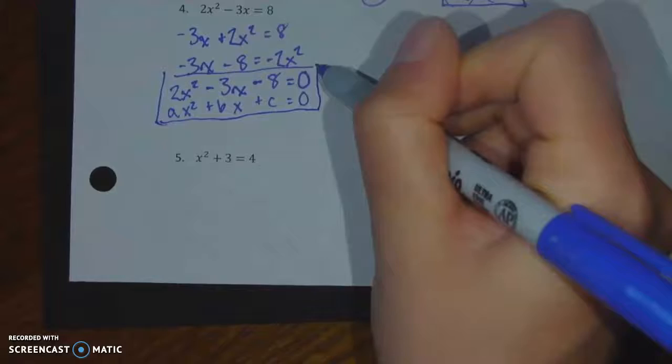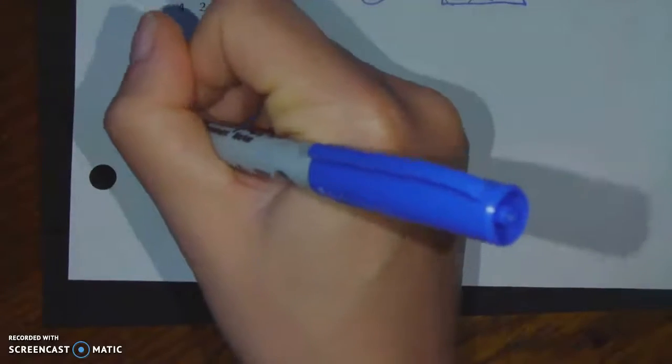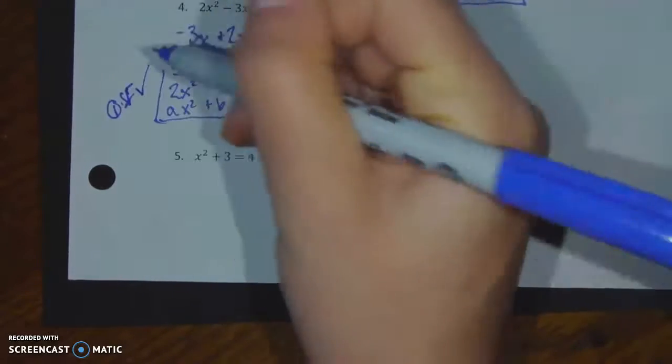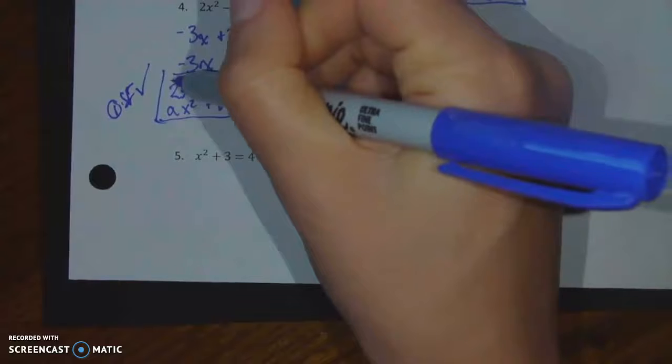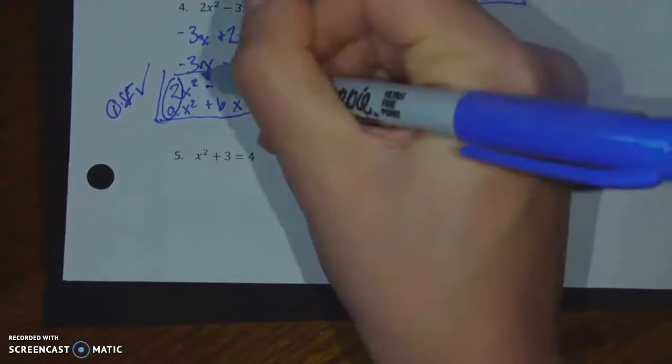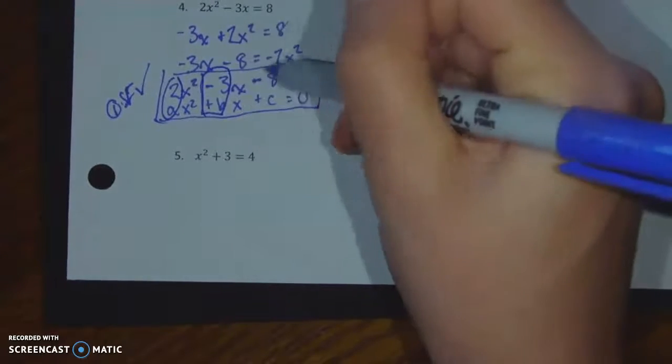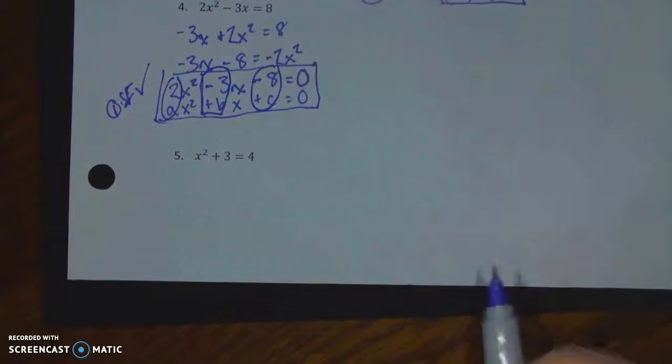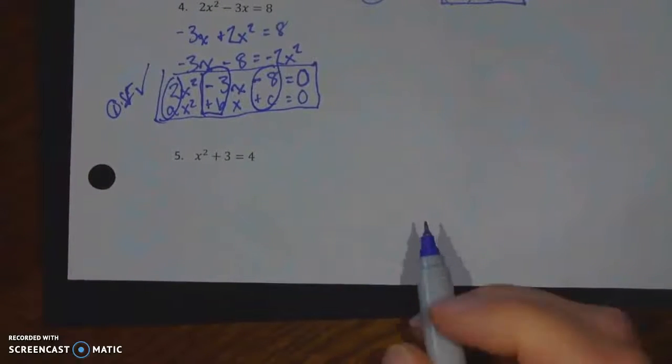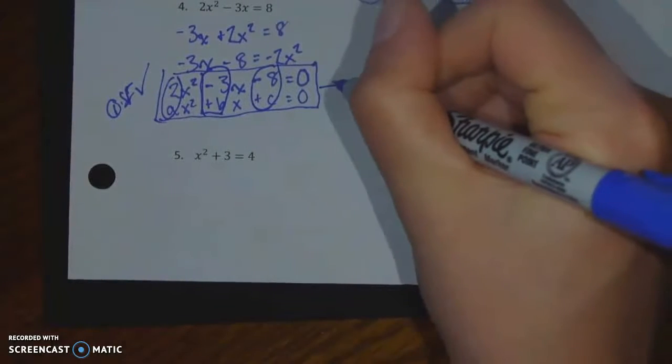So if I have this as my starting equation and it's now in standard form, that means that I can still solve this, and what I need to do is find my a, my b, and my c. And again, I can do that just by circling. Now I fill in my quadratic formula.